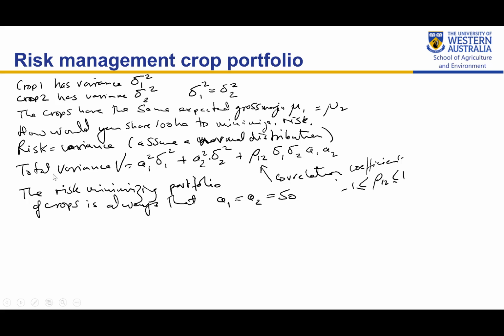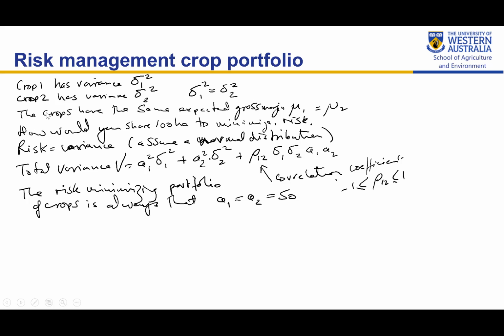Now, one of the ways of measuring risk is, let's say we've got two crops. So crop 1 has a variance of sigma squared 1. Crop 2 has a variance of sigma squared 2. But these variances are actually the same. So there's equal variance from the two crops.